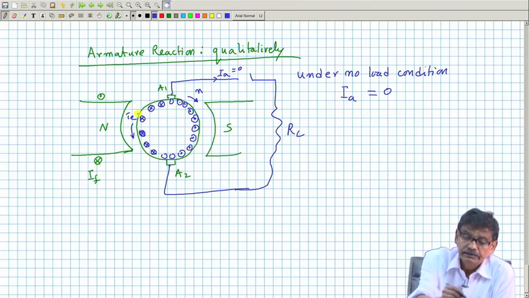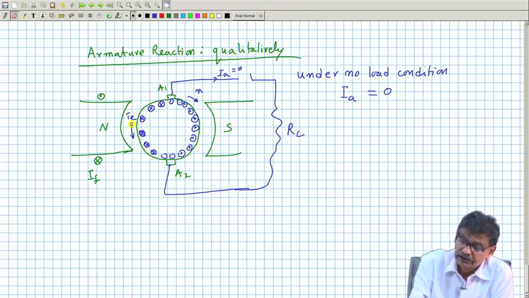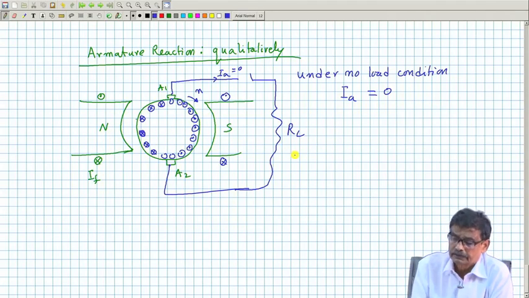Now, the question is, what happens to this field? When I A was 0, the field, I am sure, is decided solely by the field coil. Symbolically I am showing one turn for the field coil, it is north to south, lines of force will be like this.